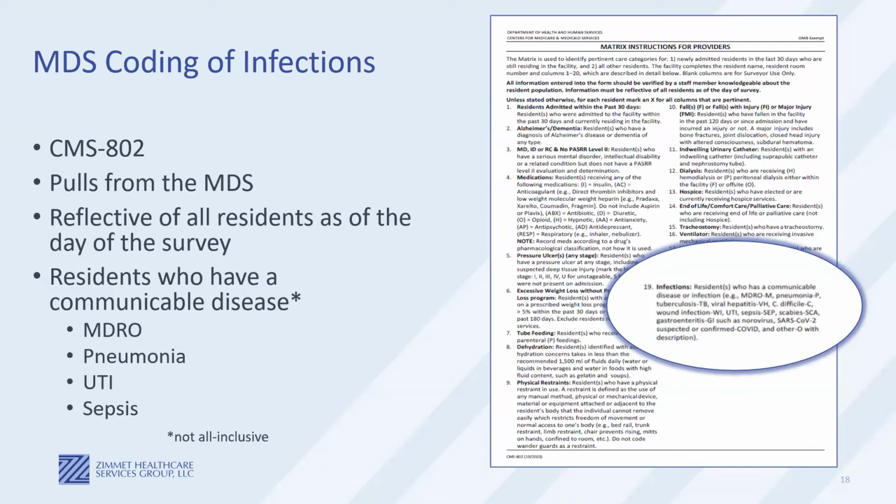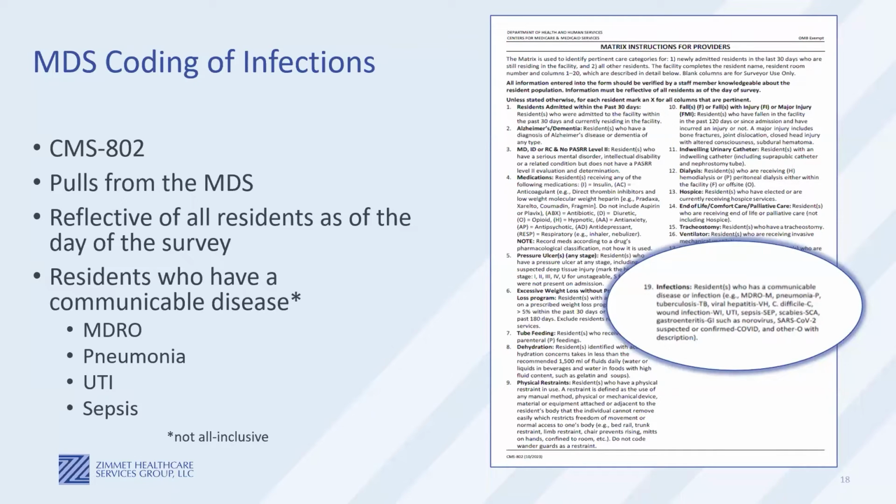But using the EMR, it pulls from the MDS. It's to be reflective of all the residents as of the day of the survey. So here's a place that it's going to pull from your MDS and show they have an infection. You want to check that and make sure it's correct as of the day of the survey.